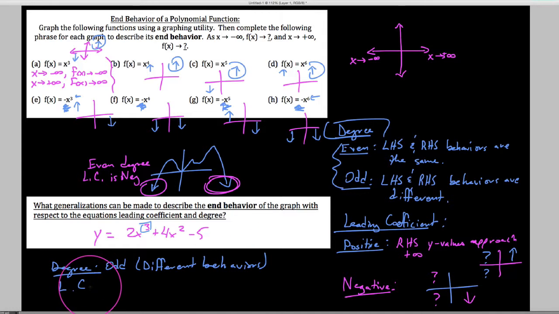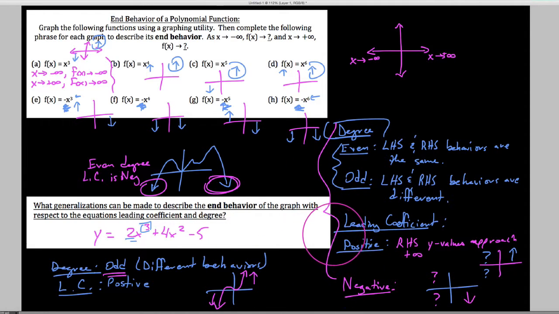And then the leading coefficient in this case is positive. So I know that it ends up on the right. So if I had to describe the behavior of this graph, it ends up over here, and since it had an odd degree, it must have started down here. So we're going to get a graph that does maybe something like this. But we have an inclination of its end behavior just by looking at the degree and leading coefficient. So make sure you have these generalizations down so you can determine end behavior.